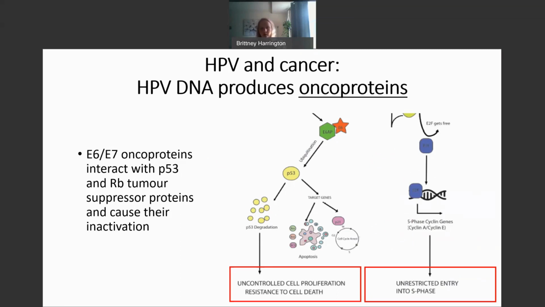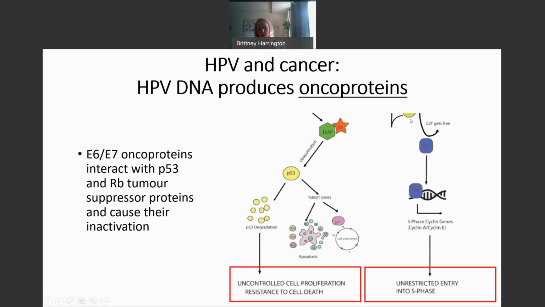These are two major tumor suppressor cell cycle regulating proteins. And so they become inactivated through ubiquitination and other methods. P53 gets degraded. E2F is a different pathway, but retinoblastoma is inhibited.